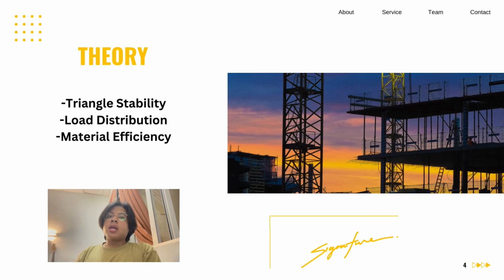The diagonal and vertical elements work together to transfer force and maintain equilibrium, ensuring that the bridge can support its intended loads. Material efficiency. The design aims to use material efficiently by creating a network of triangles.